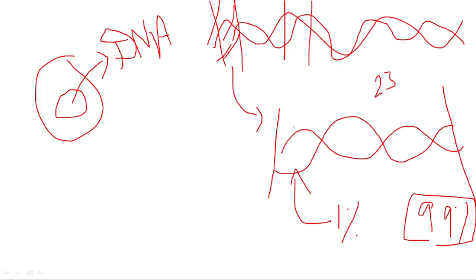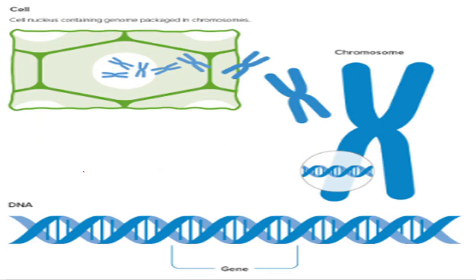So this unit of the DNA within the chromosomes is called genes. Genes are the functional unit of the DNA that provide characteristics to the organism. And the chain of these genes is called the genome. We can conclude that in a cell there is a nucleus. In the nucleus, the DNA is divided into chromosomes.